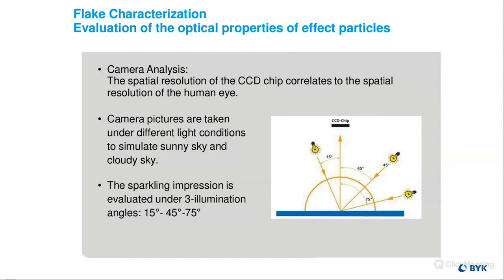It'll give you the sparkle representation, so that sparkle intensity and the sparkle size. And it'll simulate a sunny sky or a cloudy sky, and that'll give you these different values for sparkle and the graininess. And you can see the angles for it are 15, 45, and 75 degrees.